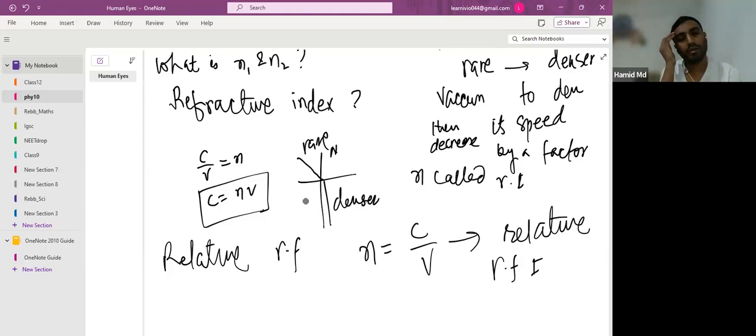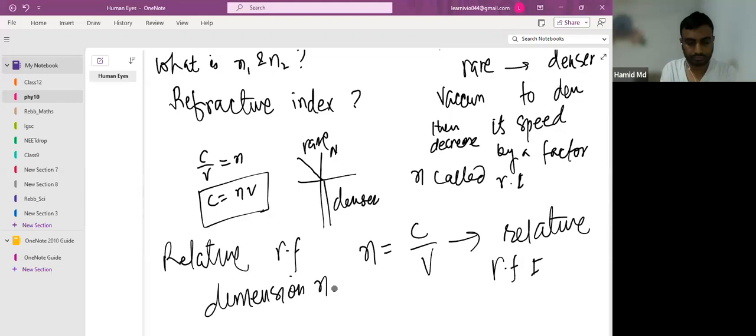Okay, so what is the dimension of this refractive index? Can you tell me the dimension? What is the dimension of n?